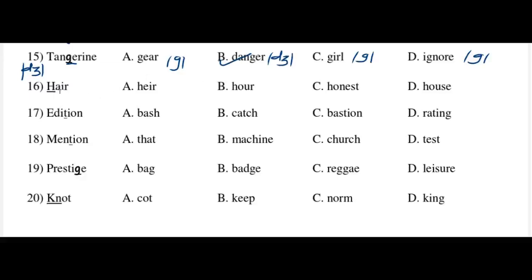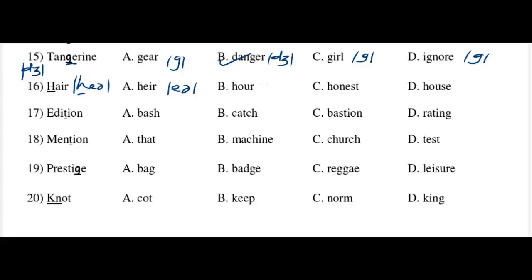Then question 16, hair, H-A-I-R. The underlined consonant is this H. Looking at these options, all of them contain the letter H, but not all of them contain that sound. So let's verify. Option A is air, the H is silent.